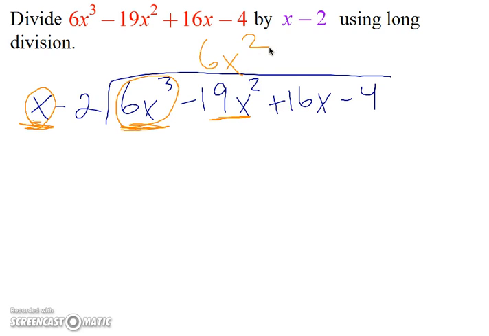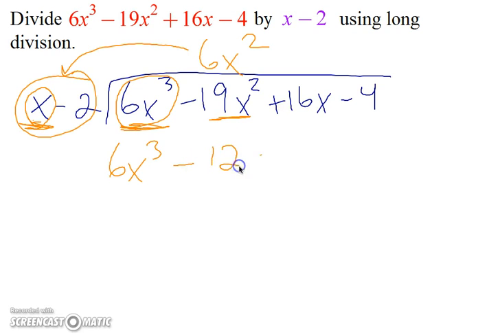Then I'm going to multiply this 6x squared by everything out front, so I'm going to distribute it. 6x squared times x gives me 6x cubed. 6x squared times negative 2 gives me negative 12x squared. And I'm going to subtract these two quantities.